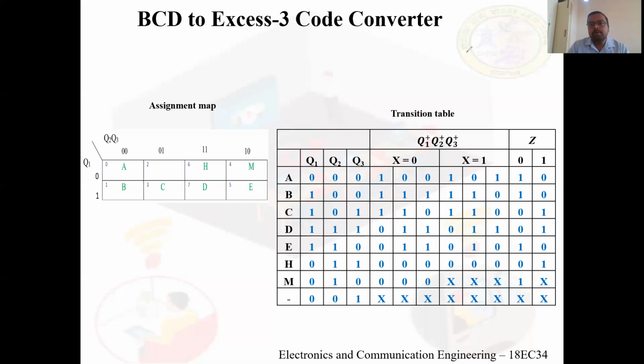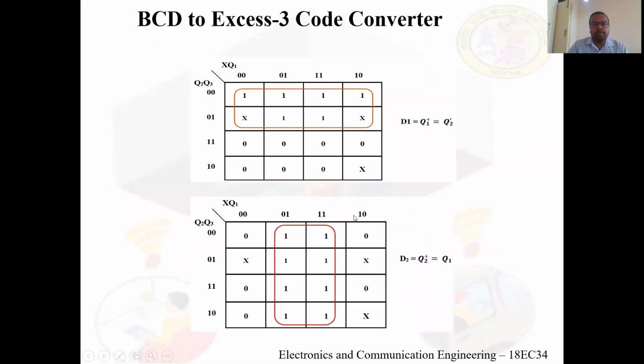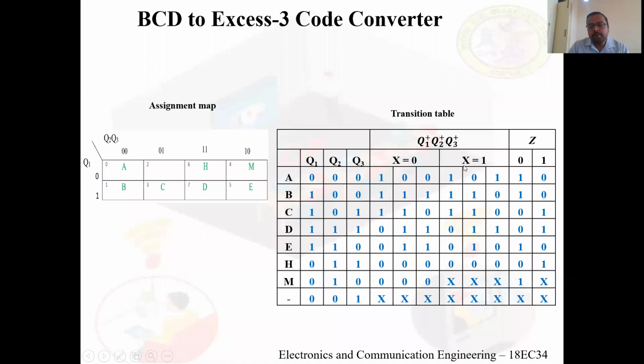So now how do you do this one? Now we have D1, which is Q1 plus. Now if you see this one, how do you write the values for this one? We have X, Q1, Q2, and Q3 here. Now how do you write from looking at this table, the transition table? Now we have it as 0 here.